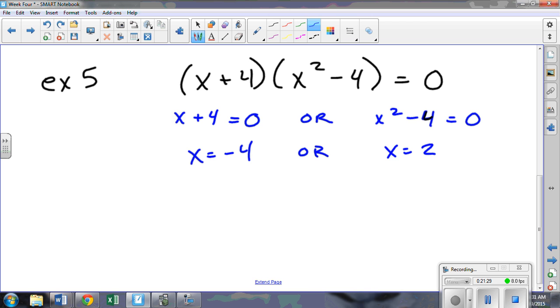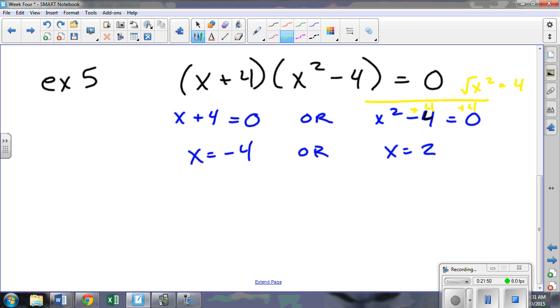Got the answer of x equals 2. That's incomplete. There is another number that makes the second one true. In particular, if we did add 4, we'd get x squared equals 4.